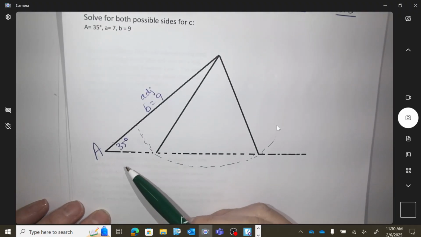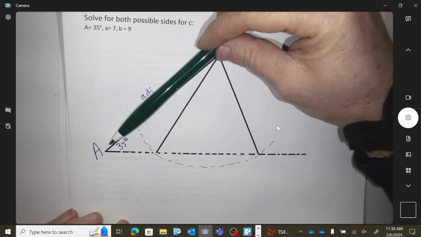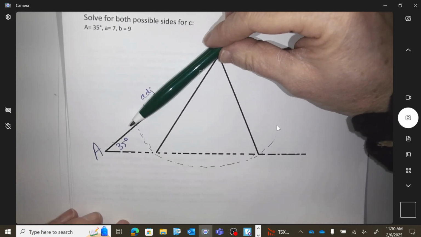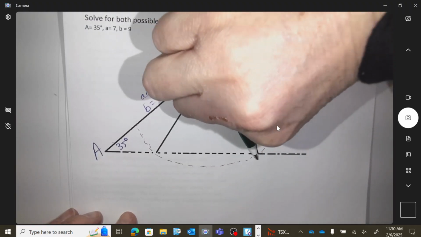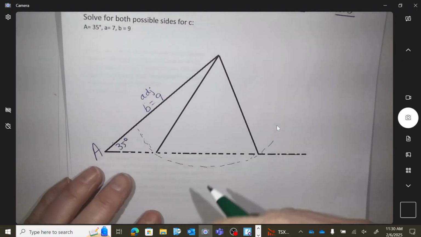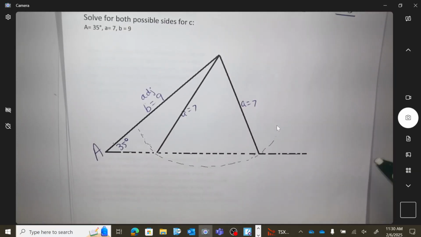Okay, so are you visualizing this? If this is 9, then 7 would be about that long. And when I could swivel 7, oh, it could have made a triangle there, or it could have made a triangle here. There's 2 options. Okay, so this is 7, or this is 7. I highly recommend highlighters. Okay, so I have 2 triangles here.